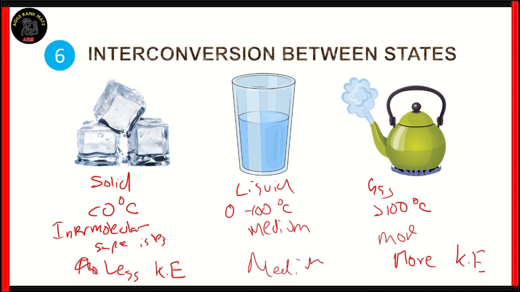So we saw before that a change in temperature means a change in the state of matter. What basically happens with temperature is that the kinetic energy changes. For example, if we apply heat to a solid, the kinetic energy of the particles is increased and increased. As the temperature increases, the kinetic energy increases, and that's how they're converted into liquid.